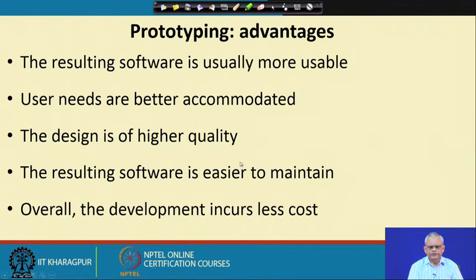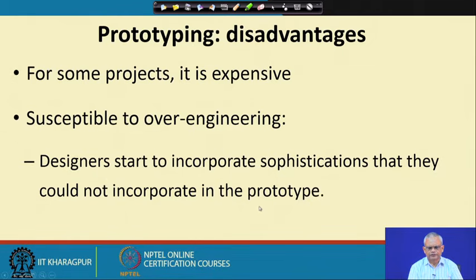The resulting software is more usable, user needs are better accommodated, the design is of good quality, the resulting software is easier to maintain, and the overall development cost may be low.